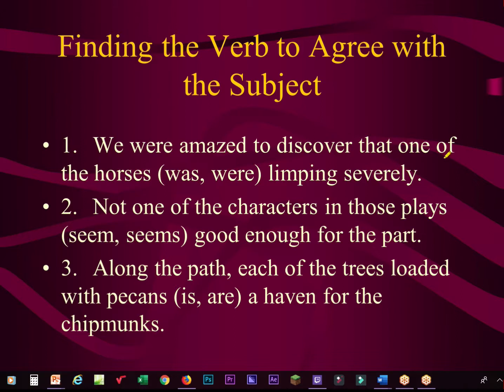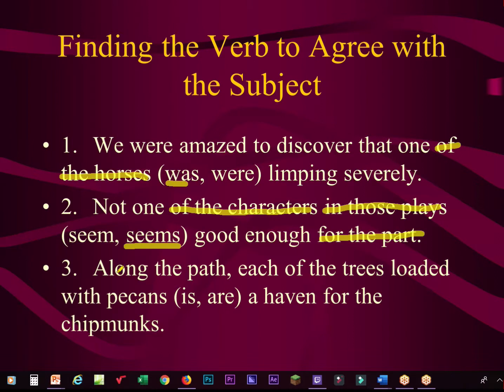Well, first of all, let's get rid of this because this will kill us. We were amazed to discover that one, skip over the prepositional phrases, one was limping. Get rid of this, get rid of this, get rid of this, and then we've got not one seems good enough.